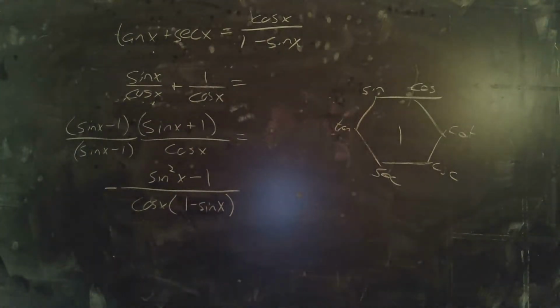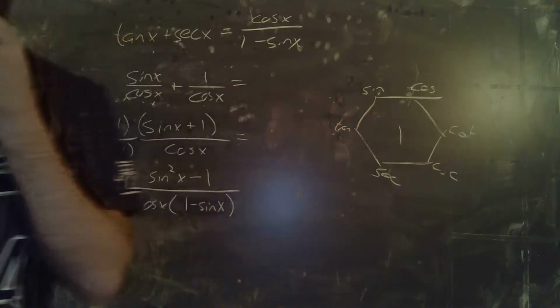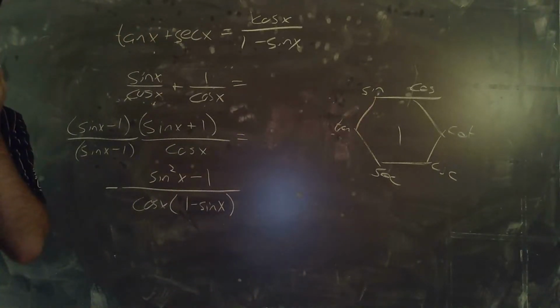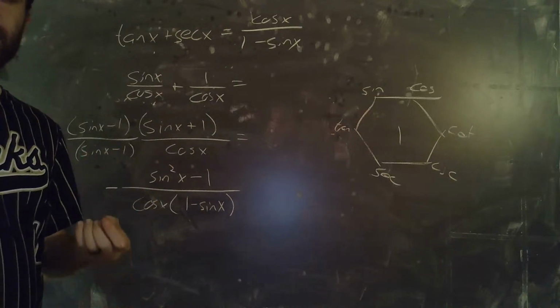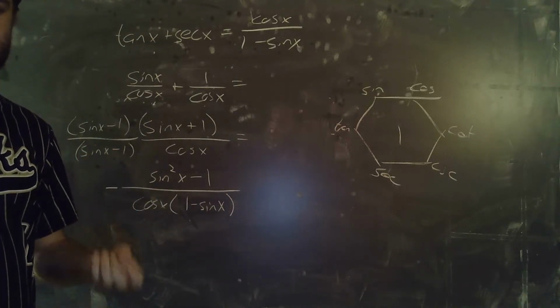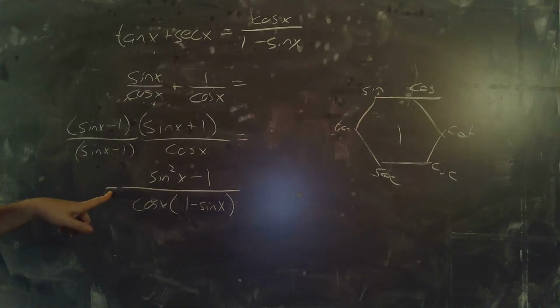And now I have to figure out how to get just a cosine on top. Well, notice that sine squared minus 1 is almost exactly our Pythagorean identity. The problem is it should say 1 minus sine squared of x in order for that to equal cosine squared of x. So notice that we have this nice little negative out in front.